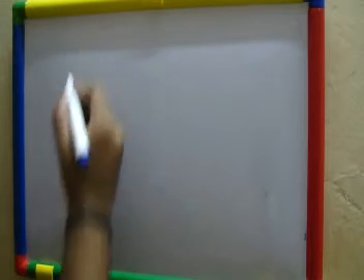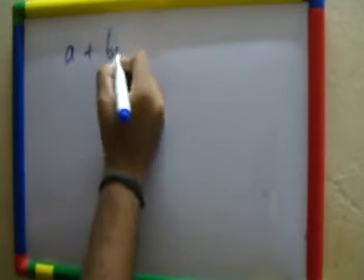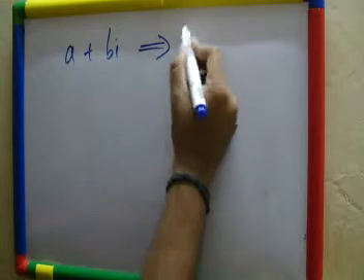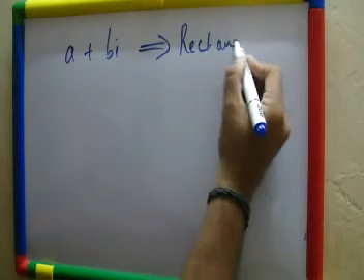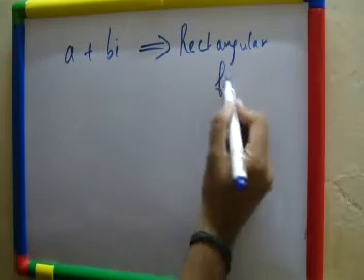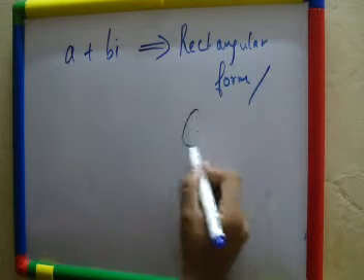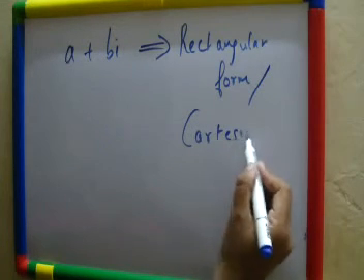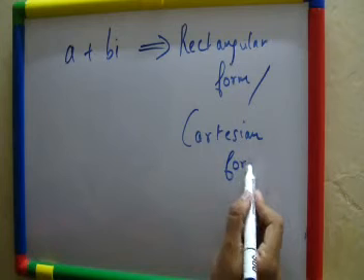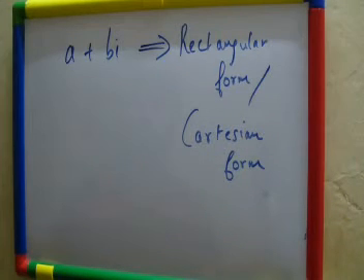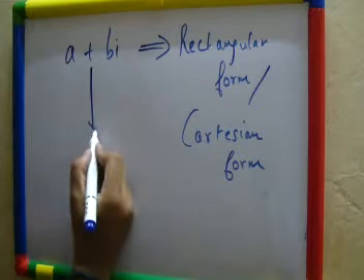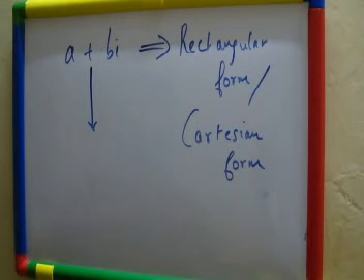Few more concepts about a complex number. A plus bi is also called the rectangular form or Cartesian form. There is something called the conjugate of a complex number.